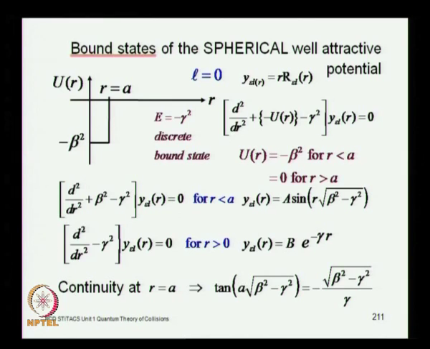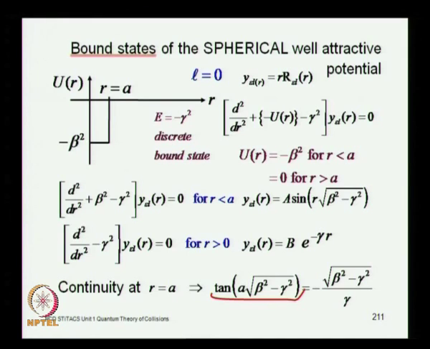You can get the derivative of the sine function as well as the e to the minus gamma r function very easily, and from these continuity equations you get a relation which is tangent of this angle equal to minus root of beta square minus gamma square over gamma. That is an automatic consequence of the continuity at r equal to a.